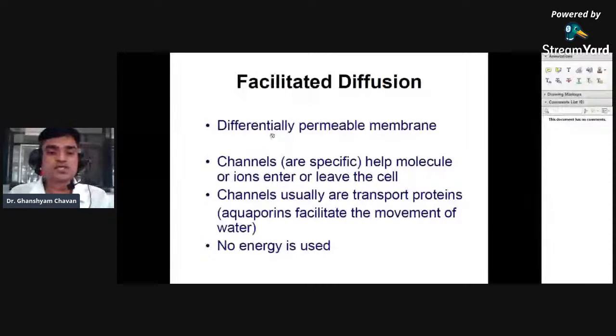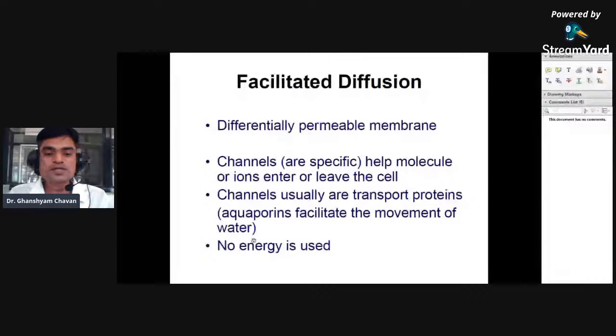A differentially permeable membrane is used here, and ion channels help molecules or ions enter or leave the cell. Channels are usually transport proteins. Aquaporin facilitates the movement of water, and no energy is used.